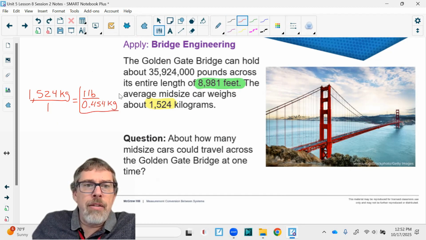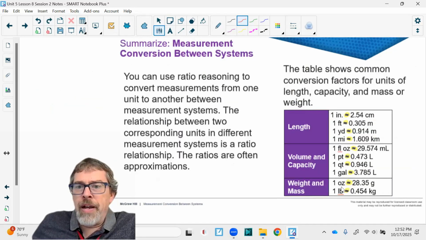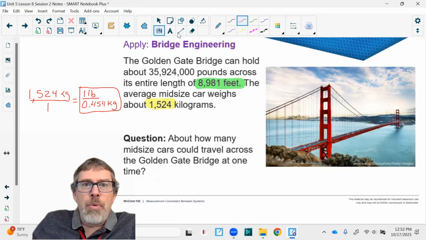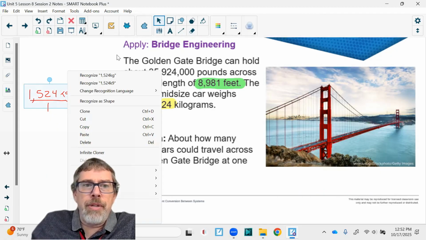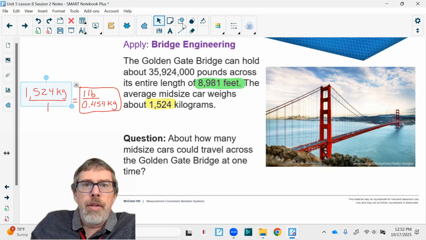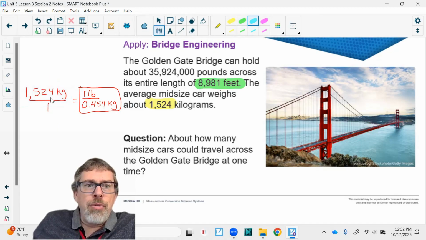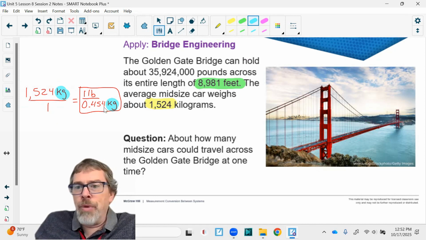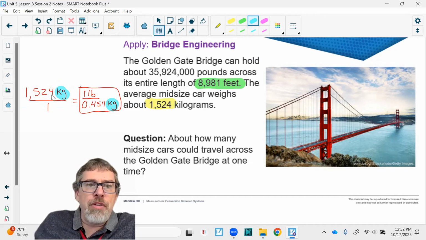So what we do is we take the value here and make it a fraction. We have to put the kilogram in the opposite location from the problem we're working. In other words, kilograms is in the numerator here. We want it in the denominator over here so they cancel. And then we're going to take 1,524 and divide it by 0.454.